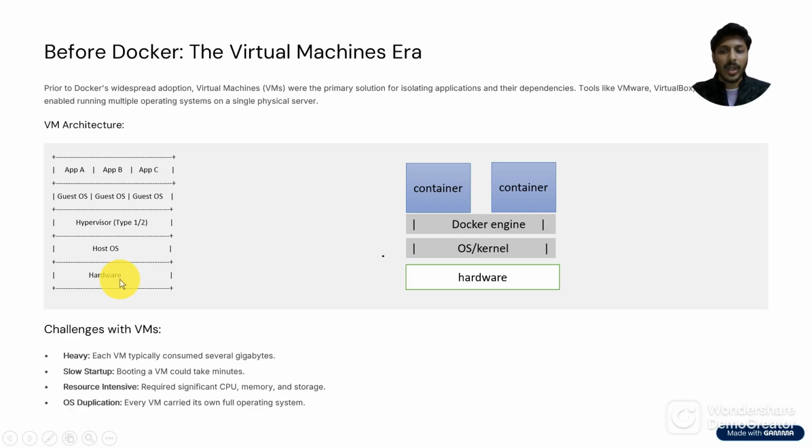You have hardware of, say, 128 GB, with a host operating system like Unix or Linux, and a hypervisor, like bare metal, or no, bare metal cannot be here because it's an OS. So you have a hypervisor which converts your local hardware into virtual machines.